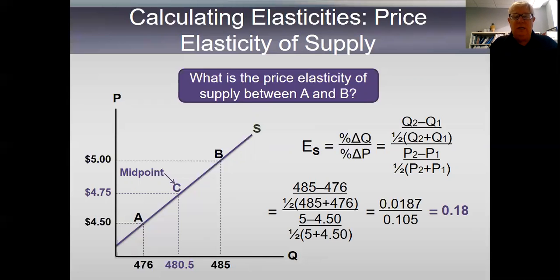Now let me very quickly say something about this. The way that this image is drawn, it looks like this is an elastic supply curve because it's crossing the vertical axis, but that is not correct, and it's a problem with the way they draw this line. They're not showing you the quantity all the way down to 0.